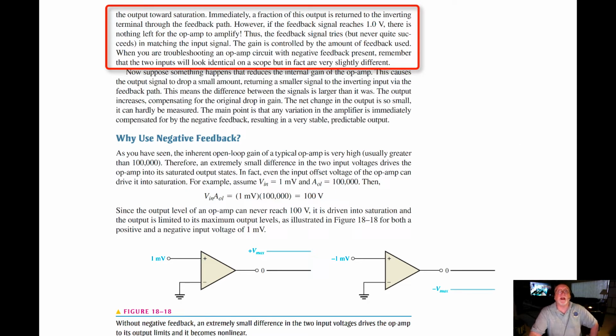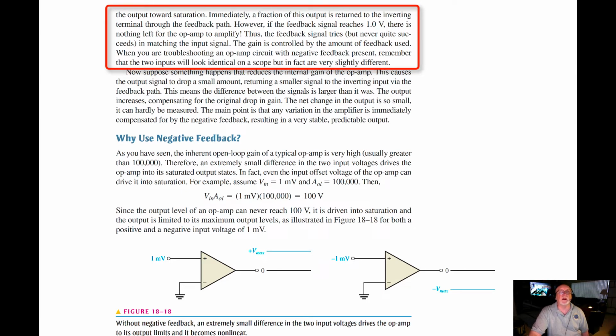Immediately, a fraction of this output is returned to the inverting terminal through the feedback path. However, if the feedback signal reaches 1 volt, there is nothing left for the op amp to amplify. Thus, the feedback signal tries but never quite succeeds in matching the input signal. The gain is controlled by the amount of feedback used.